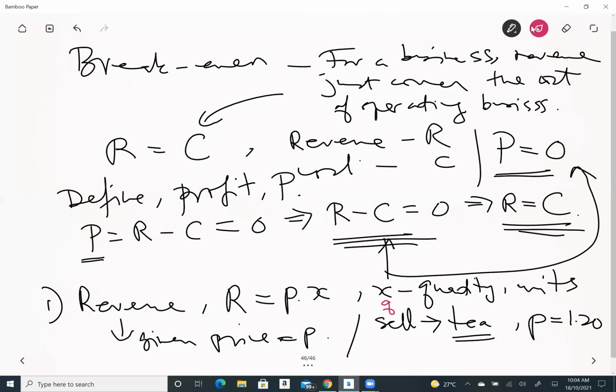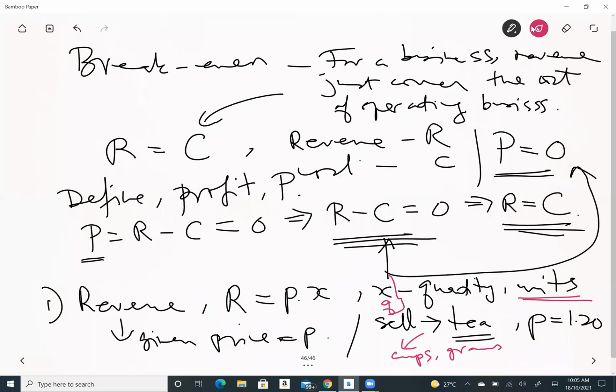We use X because X is the label for the variable. For example, for tea, we can say the units are in cups or in grams, whatever the units are.